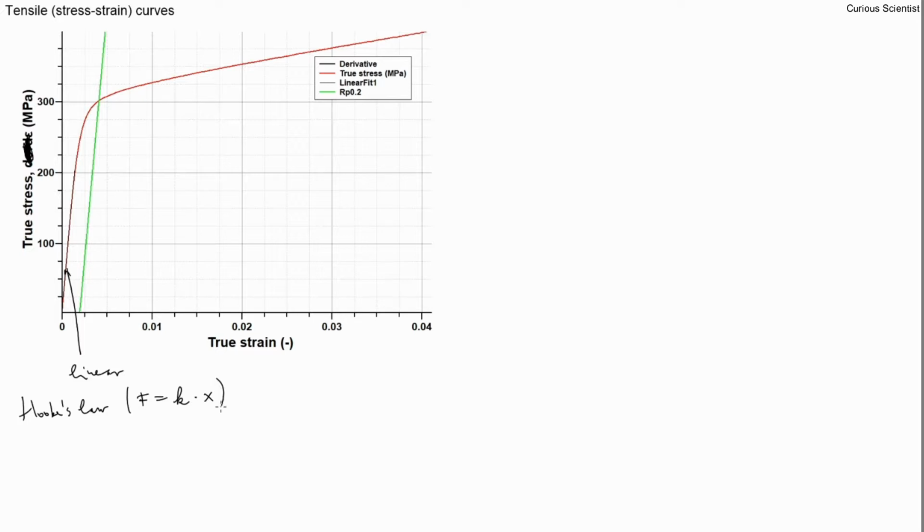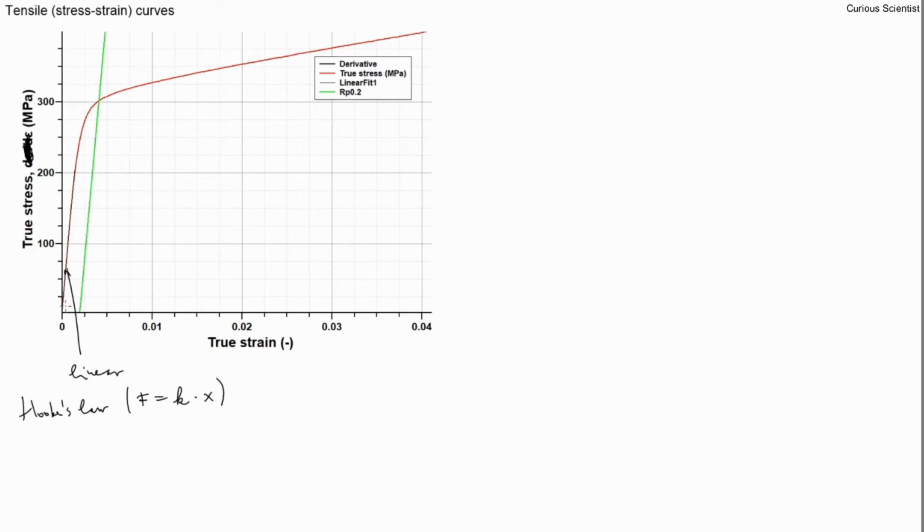So if you have a small spring and you pull it with a force, it will have some linear increase in the length. And if you release the spring, then it will go back to its initial length. The material behaves the same here, the metallic materials especially.